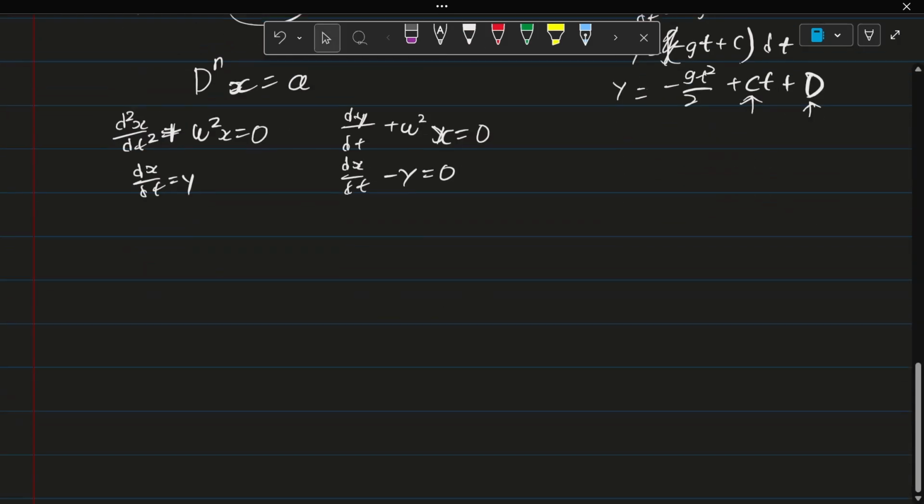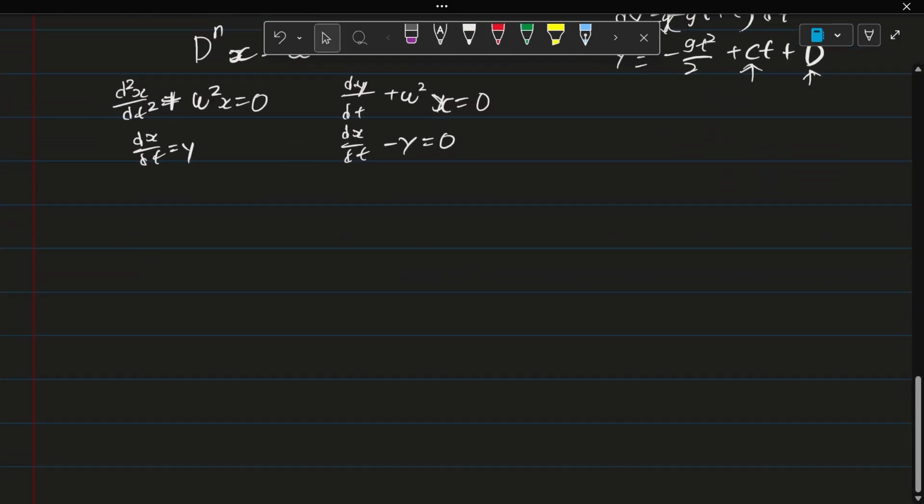So if you remember how we do simultaneous differential equations from the matrix video or the linear vector space, what you would do is write this in terms of matrices. So you would get x dot and y dot here, and its relation with x and y.